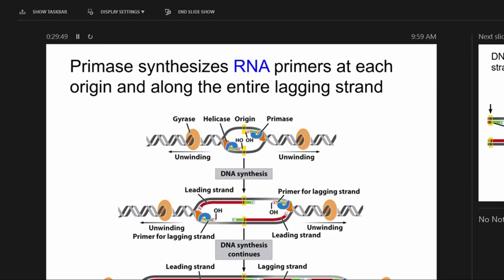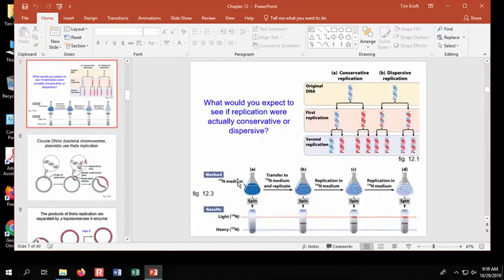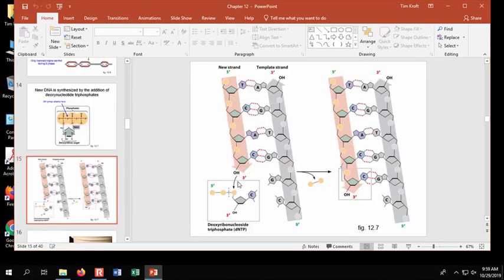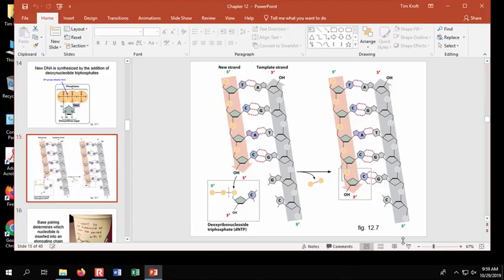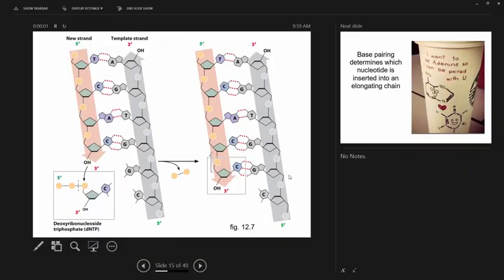So DNA polymerase, in order to add a nucleotide, needs template DNA, so that it can decide what nucleotide to add next, and it needs a free 3' hydroxyl at a primer template junction.